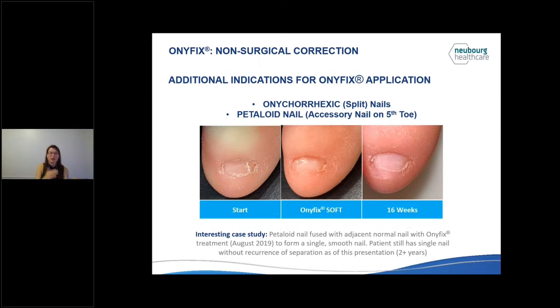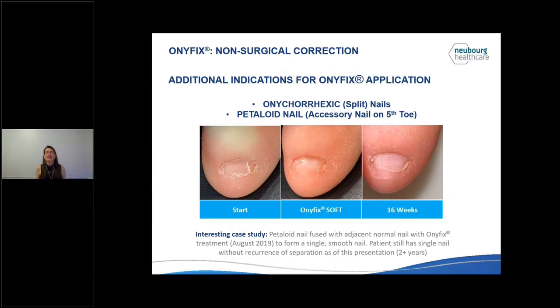We've kind of already covered that, but it's just a mention that they're very, very similar, at least in terms of the way that they initially look. But what pedaloid nails are, and as they differ from classic split nails, is that they only affect the little baby fifth toe, the toenail, and it's literally like a sixth nail that's adjacent to the proper whole fifth baby nail. And it's a genetic condition. It gets inherited through families and so on.